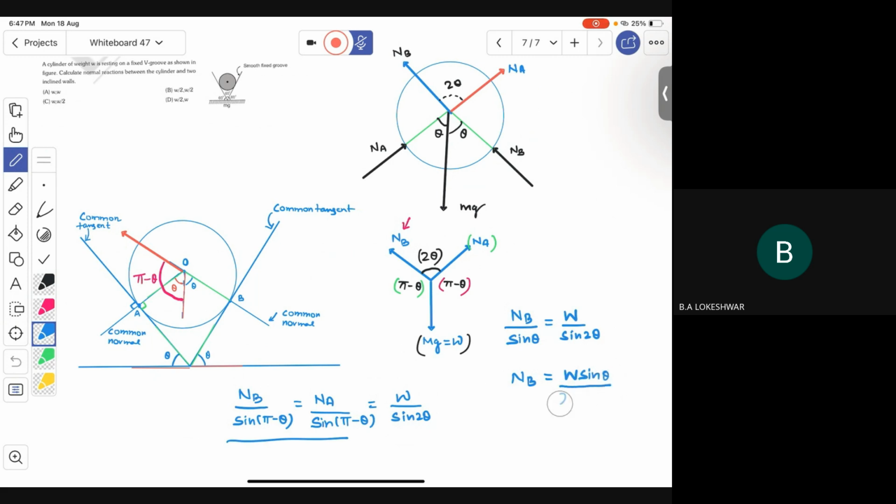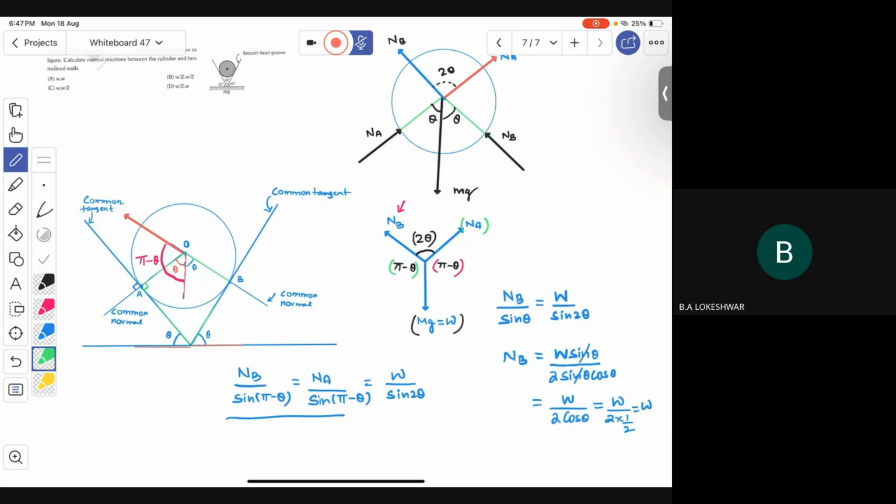Sine 2 theta is 2 sine theta cos theta, so I can cancel one of the sine theta. So we get W by 2 cos theta, correct? Theta is 60 degrees, cos 60 is 1 by 2, so the answer will come W into 2 by 2. So W only.